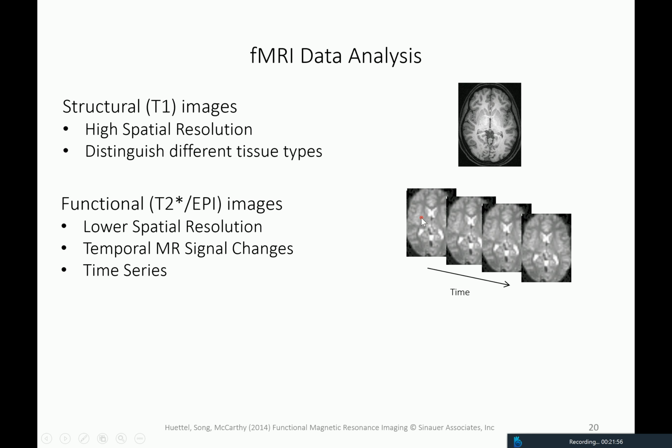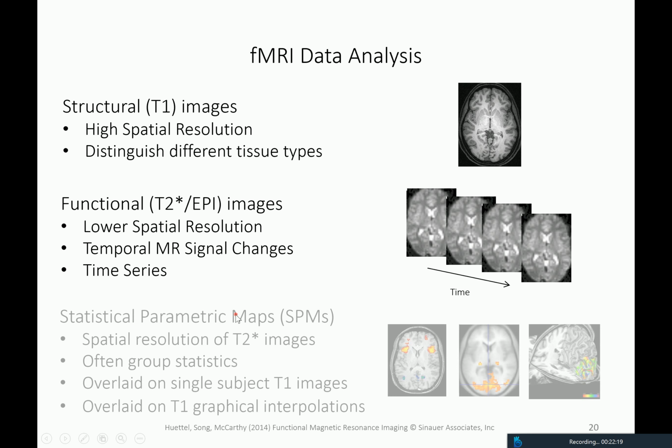And then if you do that, you get a sequence of 3D images that reflects for each location in the image a time series. So it's fairly important that you appreciate that functional imaging data reflects a time series.